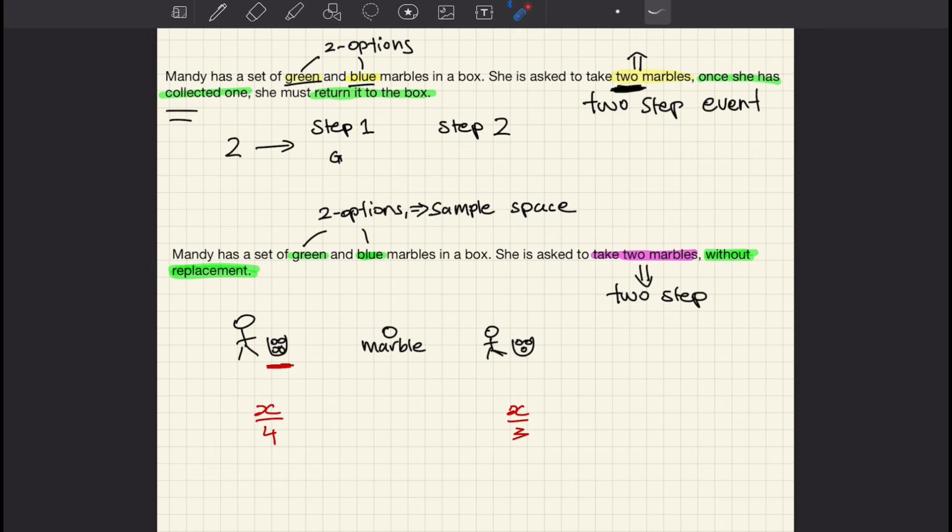Now, if you watched our last math nugget on basic probability, you would know that the basic formula is what we want over the total. So the total is going down because we've removed a marble.